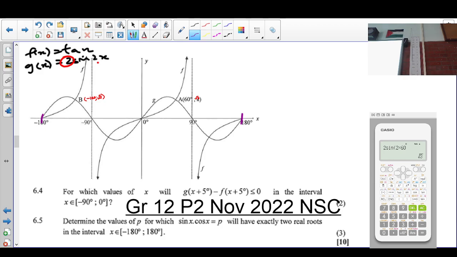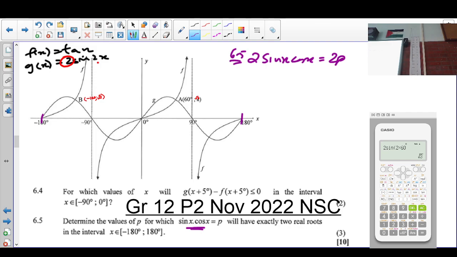Firstly, what is this? We know that sine x cos x reminds me of the double angle of sine. So it needs a 2, so it's 2 sine x cos x. If I multiply one side by 2, I will multiply the other side also by 2.